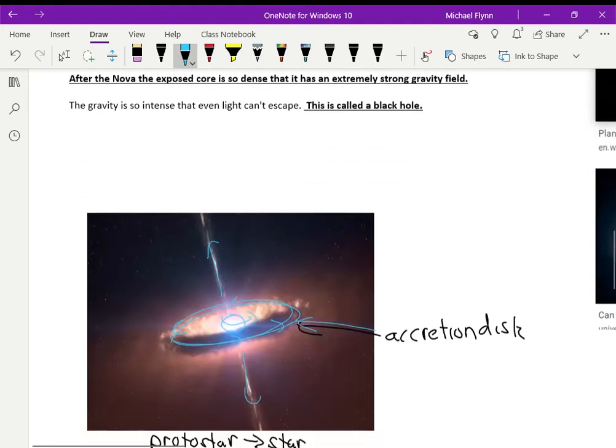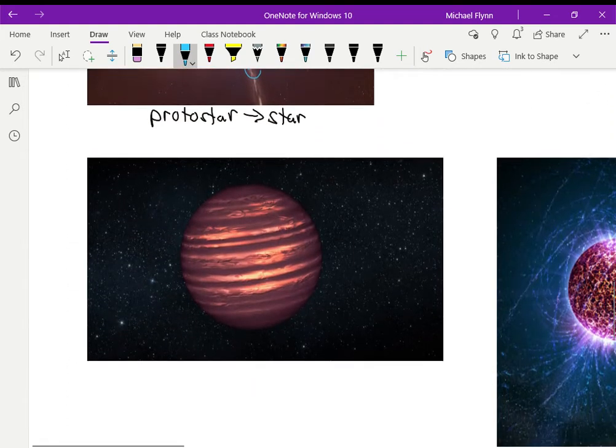Now I've got a picture of that down here somewhere. That right there is a brown dwarf. It's basically kind of like Jupiter, if you want to think of it that way. The only difference is it's way more massive than Jupiter, since our sun's core would be way more massive, but not enough to cause any fusion of the elements present in that ball of gas.